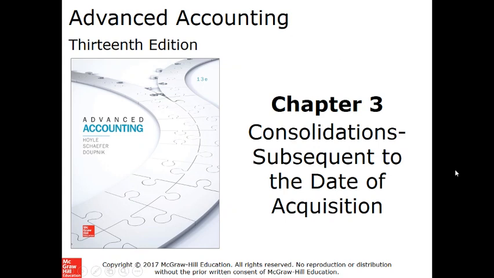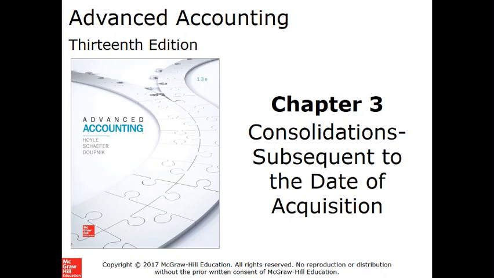All right, so in chapter 2, what you saw was a situation that's probably highly unlikely, but it was a good illustration because you had an acquisition happening on the last day of the fiscal year for parent and sub.